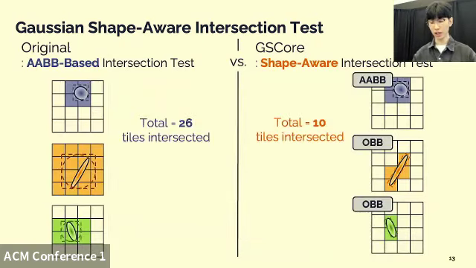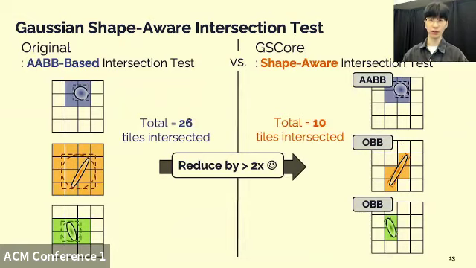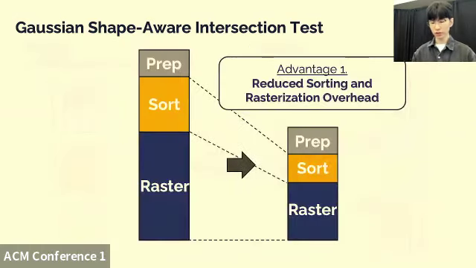By using this optimization, we can effectively reduce the number of tile assignments. In this example, our method reduces the number by more than 2 times without any approximations. As a result, the shape-aware intersection test effectively reduces sorting and rasterization overhead.